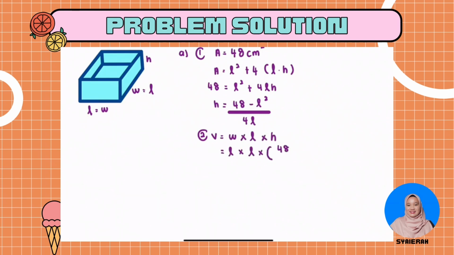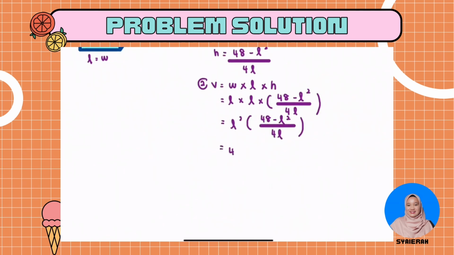The formula for volume is width times height times length. Then substitute H with the equation we just did, and width with the term of L, then simplify the equation.